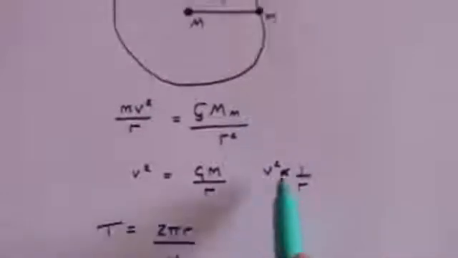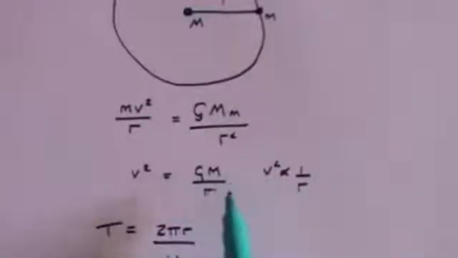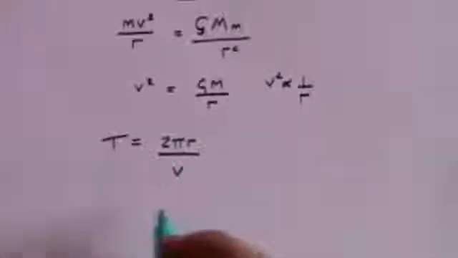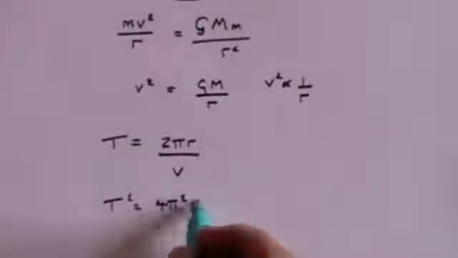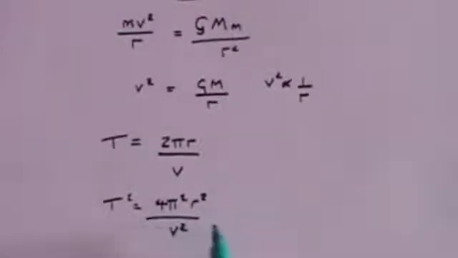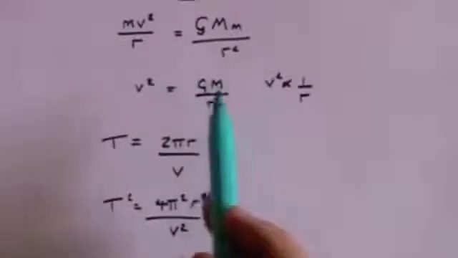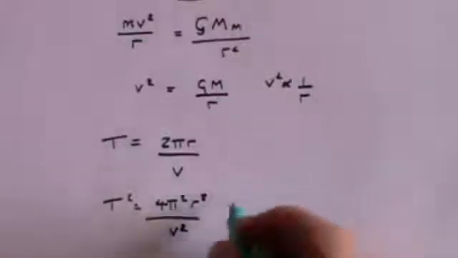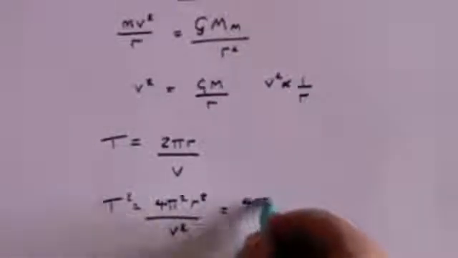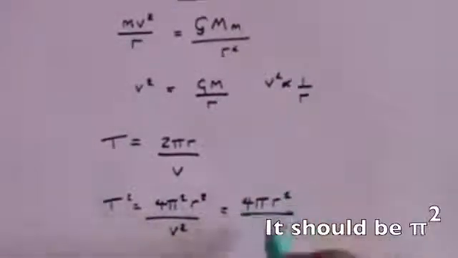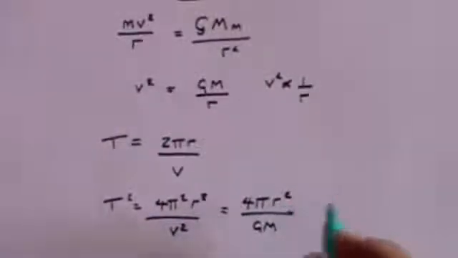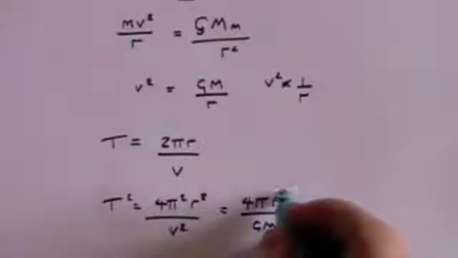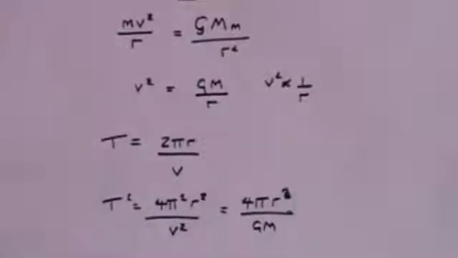But we know that v squared is GM over r, so if we square this equation here we get T squared is 4 pi squared r squared over v squared, and if we substitute v squared here, which we now know is GM over r, that r now becomes r cubed.